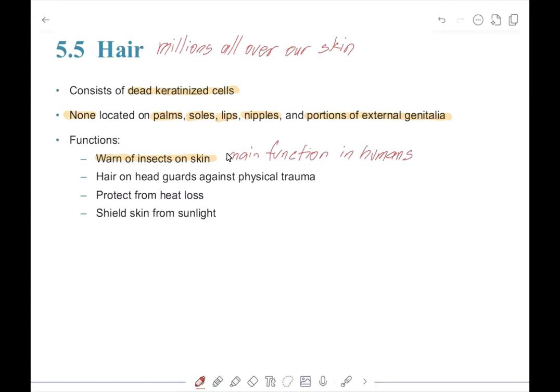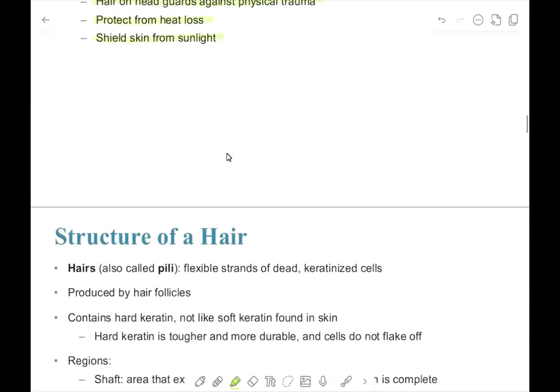Other functions include the hair on the head guarding us against physical trauma, protection from heat loss, and also shielding the skin from sunlight. Because that sunlight, especially the ultraviolet radiation, can damage that DNA. So it's very important to make sure you wear that hat when you're out on a hot summer day.